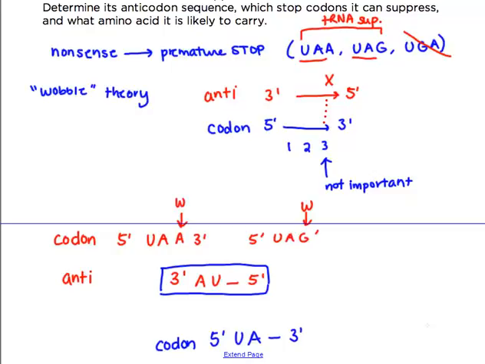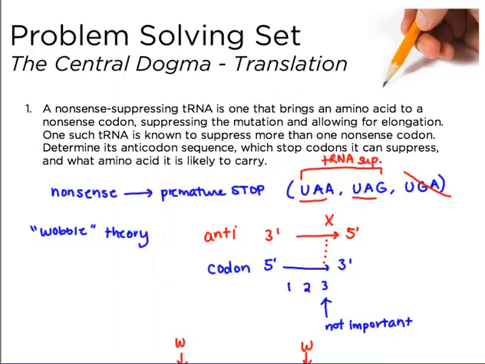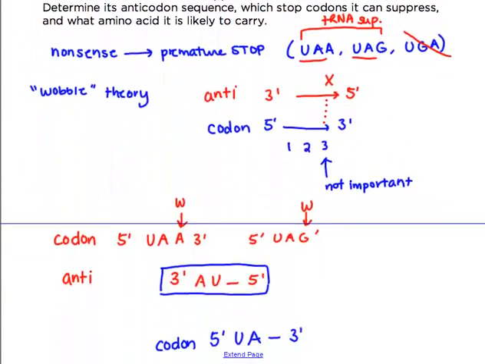But if you look at the genetic code chart, UA dash could also mean UAU or UAC. Both of those codons encode for the amino acid tyrosine. So for the amino acid it's likely to carry, we're going to guess tyrosine, because the anticodon on the tRNA carrying tyrosine, with the wobble rules, can base pair with these stop codons and suppress the nonsense mutation.